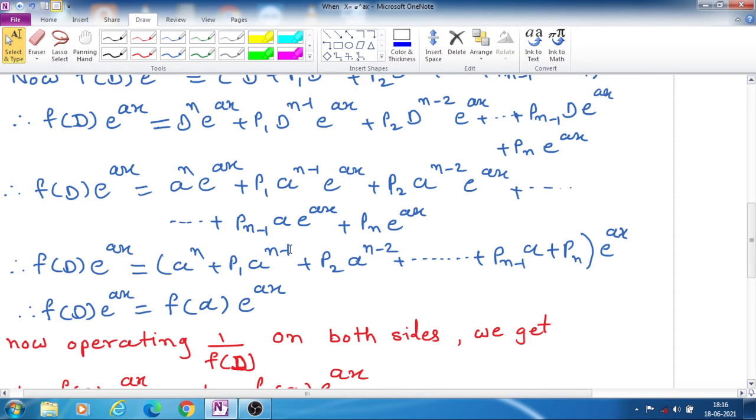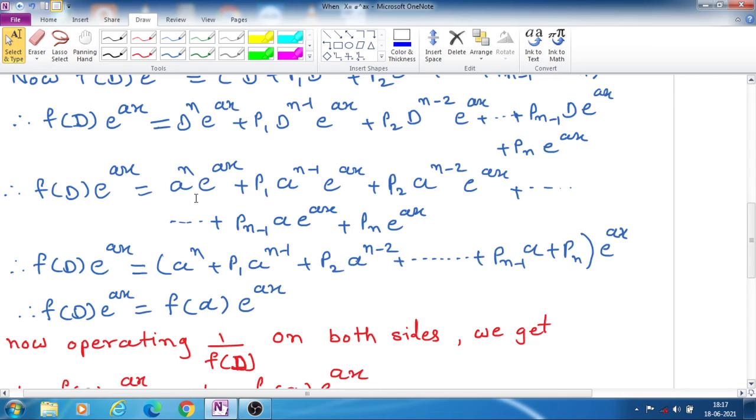So now see here, in each term there is e raised to ax, so we can take e raised to ax common on the right hand side of the bracket, and the remaining terms into the bracket.